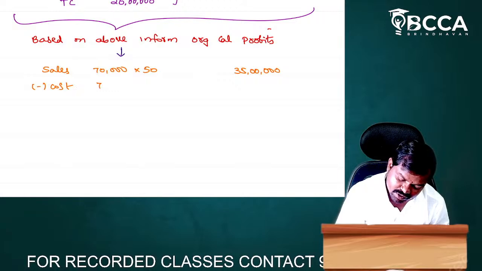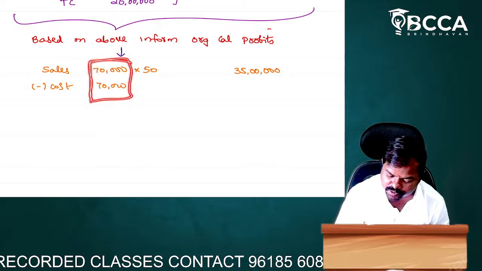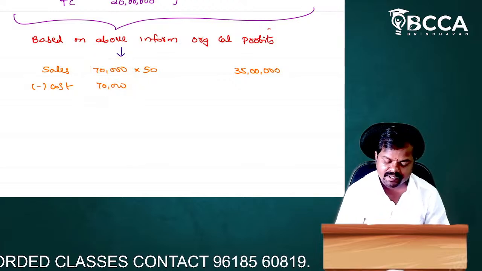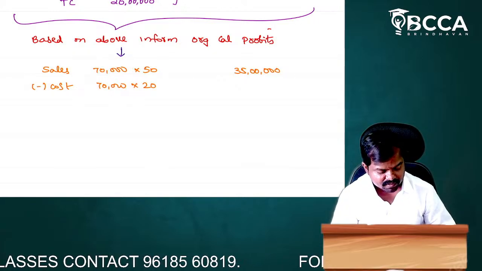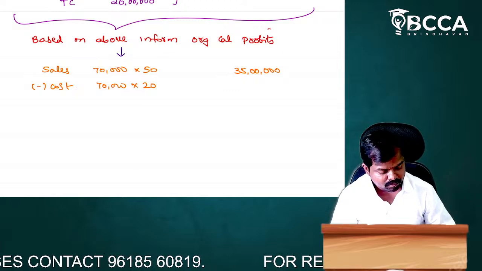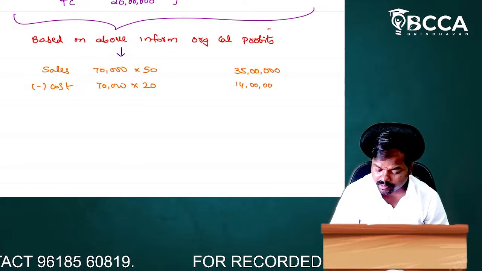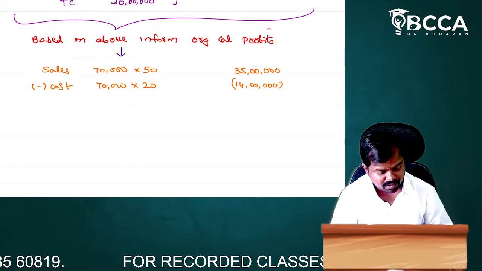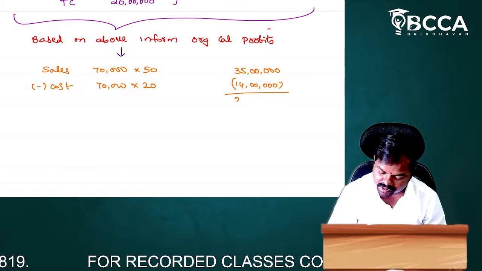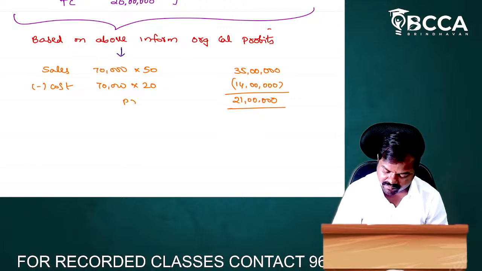How much cost? For 70,000 units. Expired cost means cost which is expired, so 70,000 into 20, which means 14 lakh. 35 minus 14 is equal to 21 lakh, which is called profit.